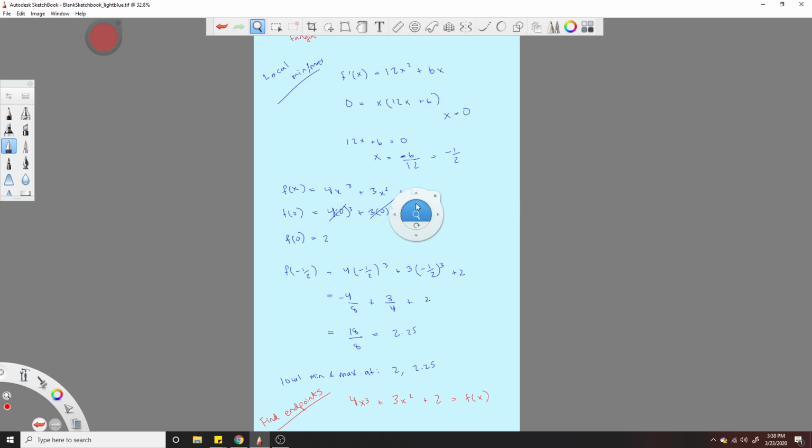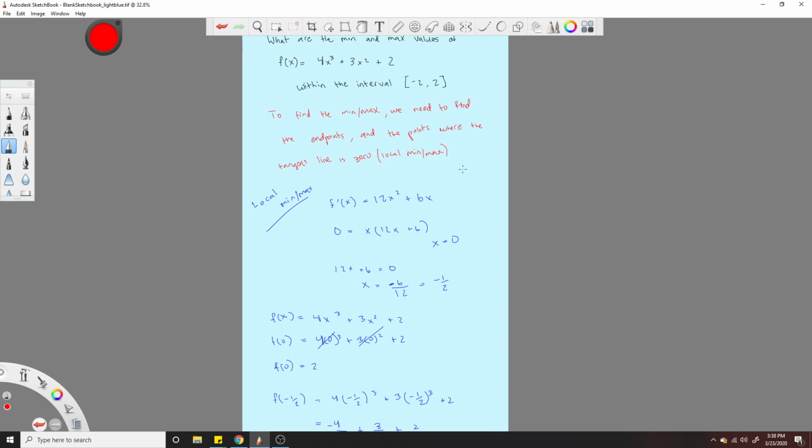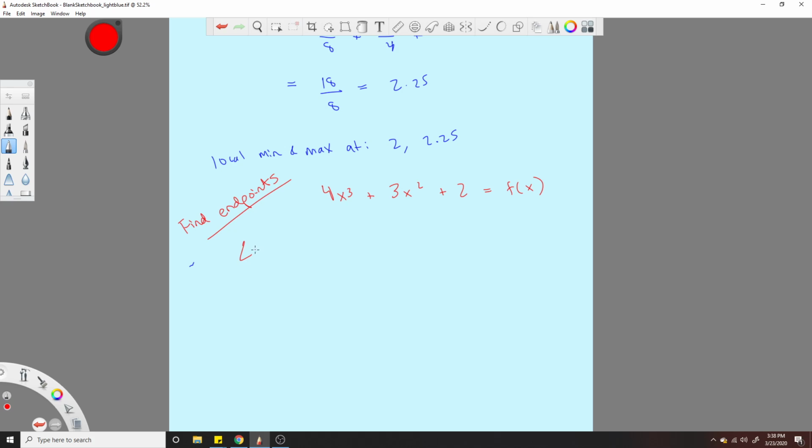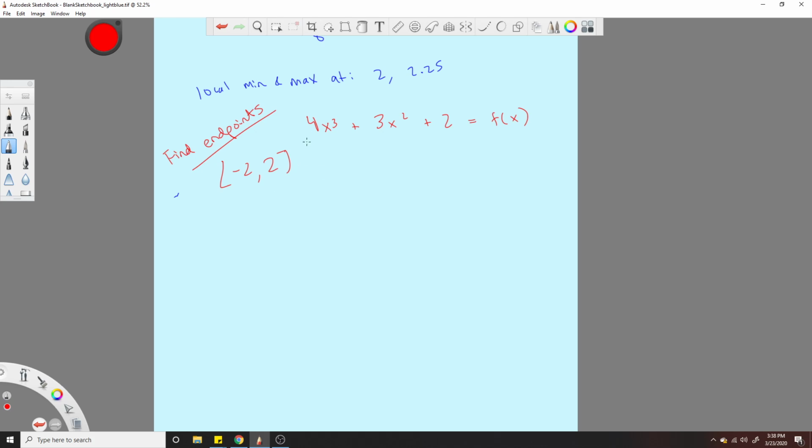We're working within the interval -2 and 2. So let's do f of -2 first, because why not? Plus 3 times -2 squared. I'm working a little quickly here because this is pretty simple plug and chug stuff.